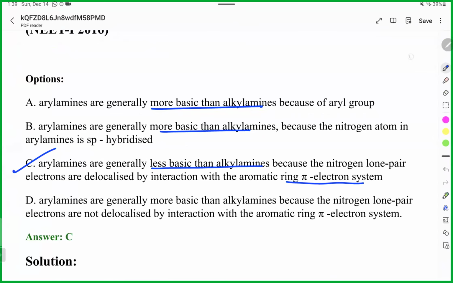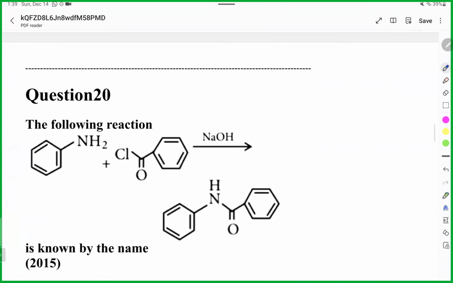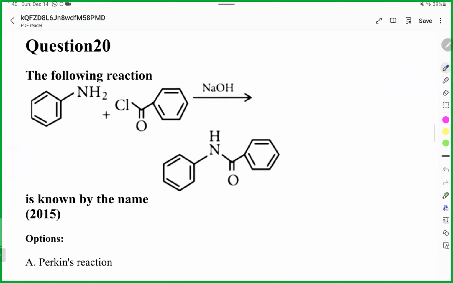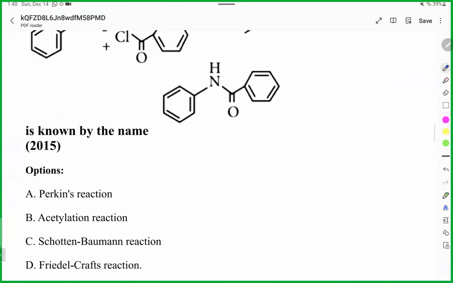And with the next, what is the name of this reaction? Benzoylation, acylation, benzoylation. Okay, but this is an old reaction. I think I know, it's C, right?